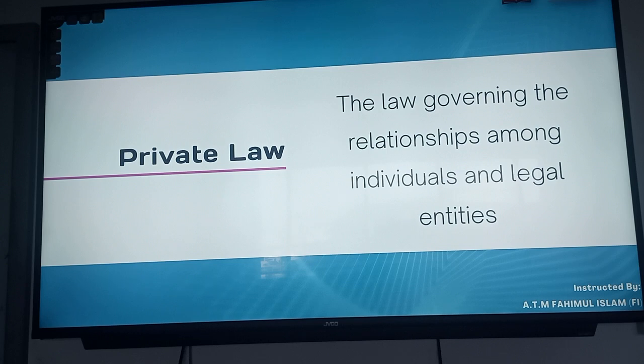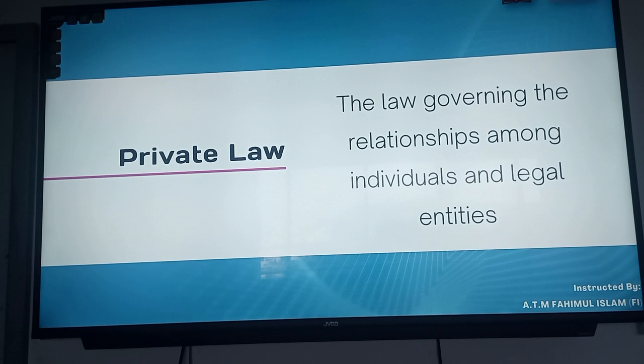Another example can be Mr. Rahim driving his car on the highway when he is rear-ended by Mr. Karim. Mr. Rahim suffers severe injuries in the accident and sues Mr. Karim for damages. That can also be private law among individuals. Property law can also be private law.